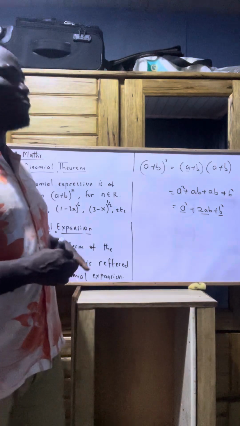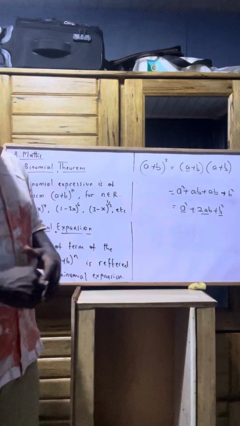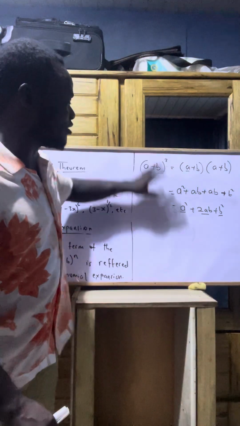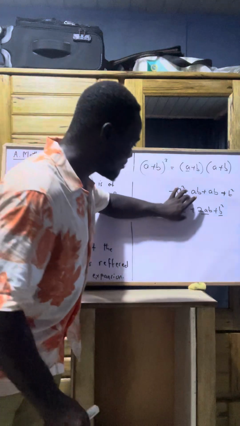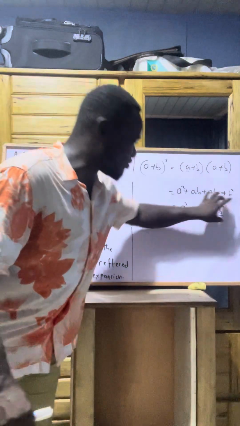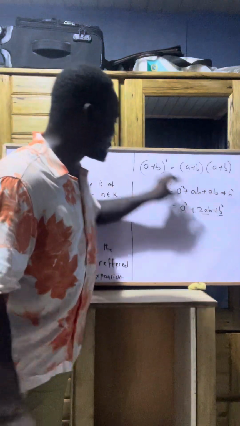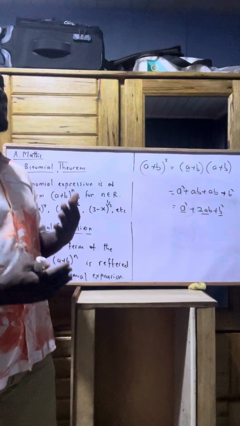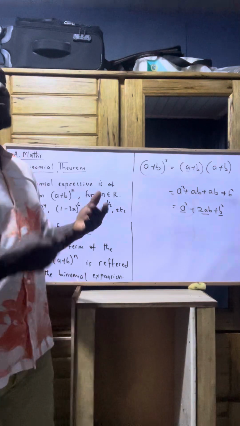So that is what is meant by series of terms. If I have been able to write this as a series of terms, it means this binomial has been expanded, and this is what you call the binomial expansion. So the expansion, or the expanded form, of this binomial is what we have here.